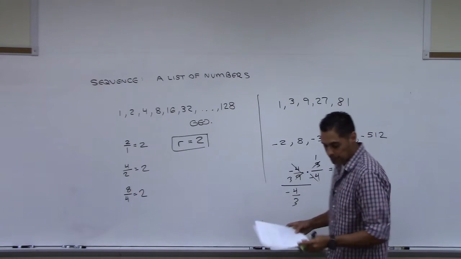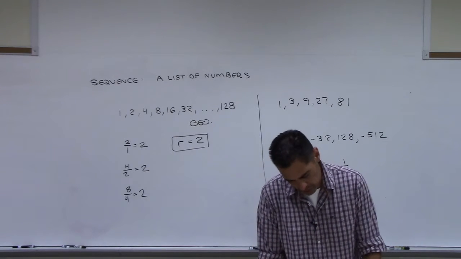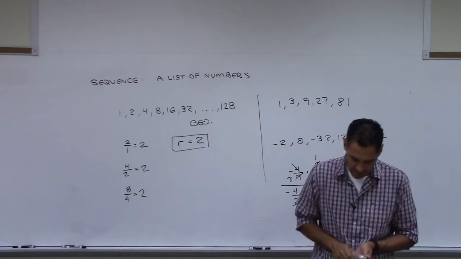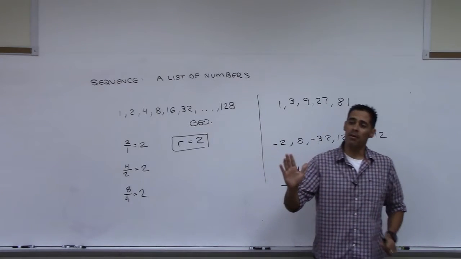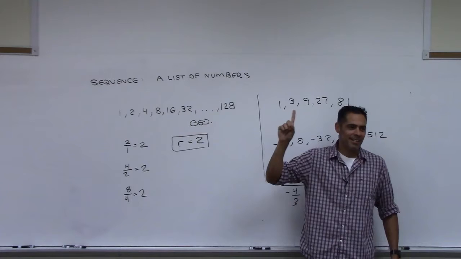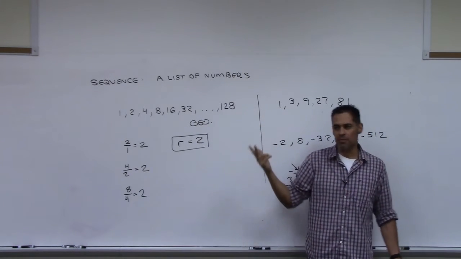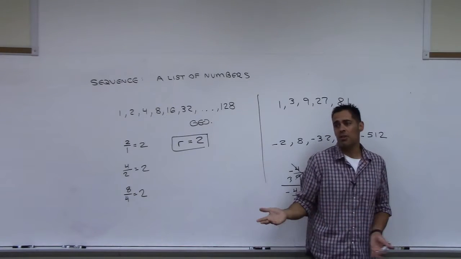All right, now, the next problems, A, B, C, and D are for you, and I'll give you a second to try and figure them out. Now, remember, I haven't even told you this, but arithmetic and geometric are two types of sequences, but they aren't the only ones. It is possible to not be arithmetic or geometric.